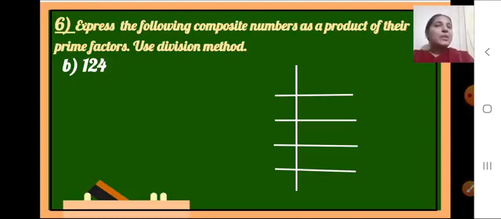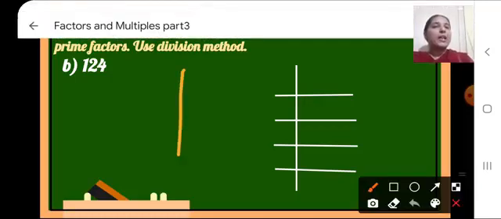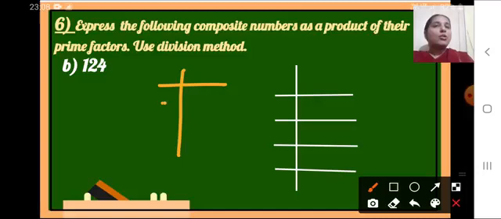It's been asked to write it as a product of its prime factors, and we have to use the division method. So for the division method, what do we do? First we will draw a vertical line like this, and then we will draw some horizontal lines like this to divide it, to show it as a product of its prime factors.